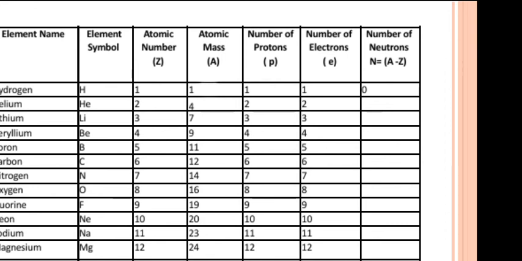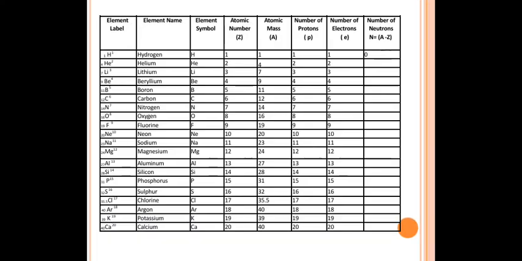Now move on to the last column, number of neutrons. You have to calculate the number of neutrons. The number of neutrons can be found by subtracting the atomic number from the atomic mass. You have to minus Z from A. That means 1 minus 1 will be 0. 4 minus 2 will be 2, and 2 will be written in this column. 7 minus 3 will be 4, right?